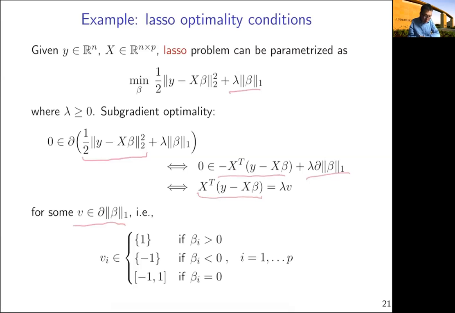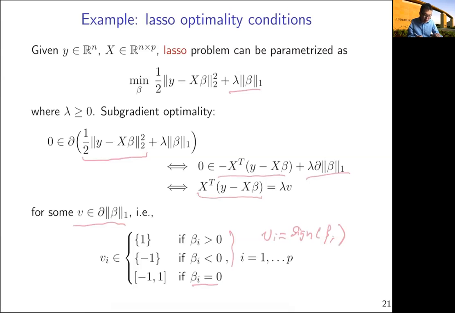For coordinate i, if beta i is positive, we get 1. If beta i is negative, we get -1. These two can be grouped together, saying that v_i is equal to sign of beta i. The interesting case comes when beta i is actually 0. When some coordinates are shrunk to 0, we get the full set between -1 and 1. This will be the set of all v_i.